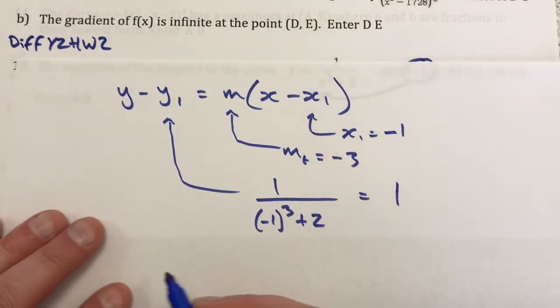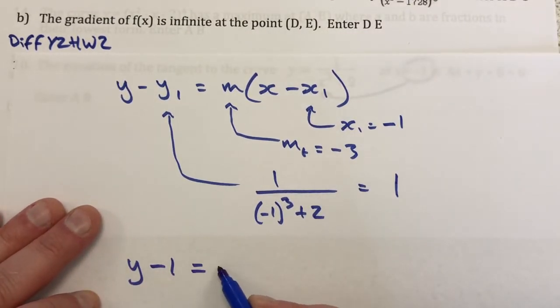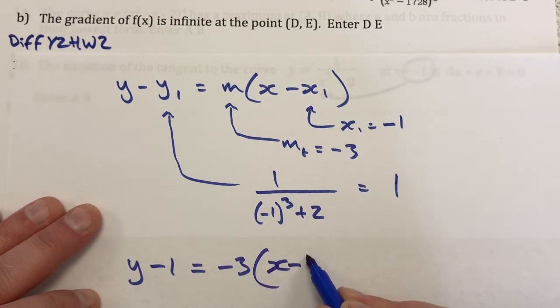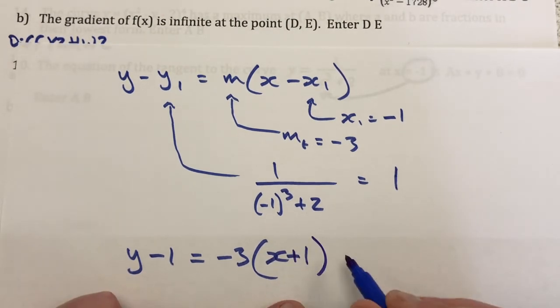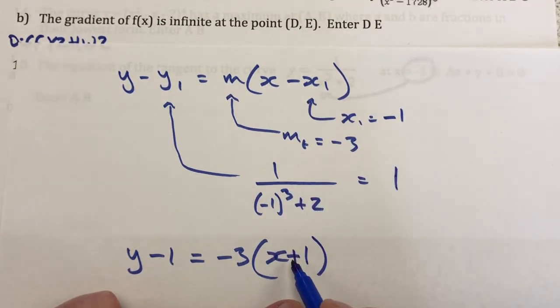So there we go. We have y minus 1 equals minus 3, open brackets, x minus minus 1, which becomes x plus 1.